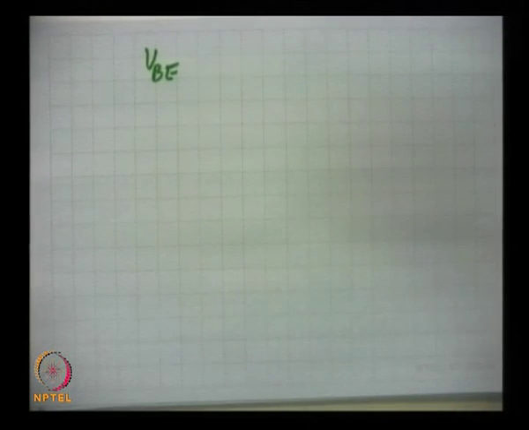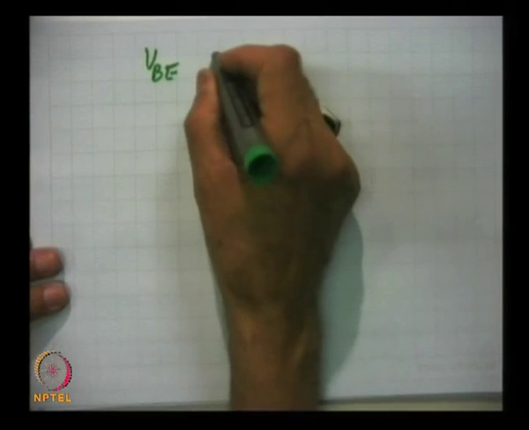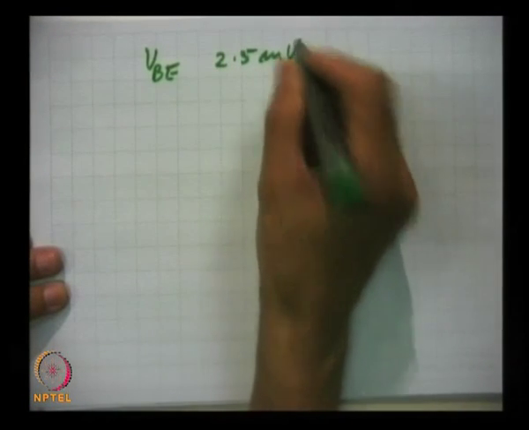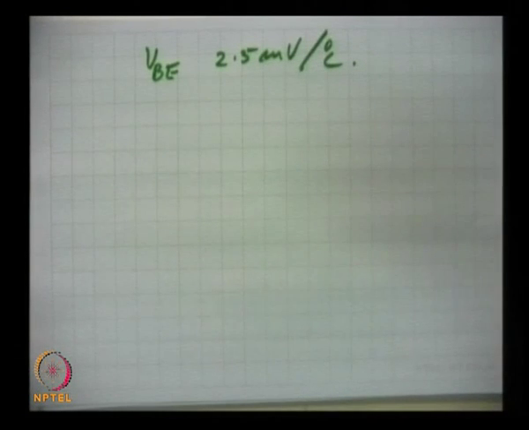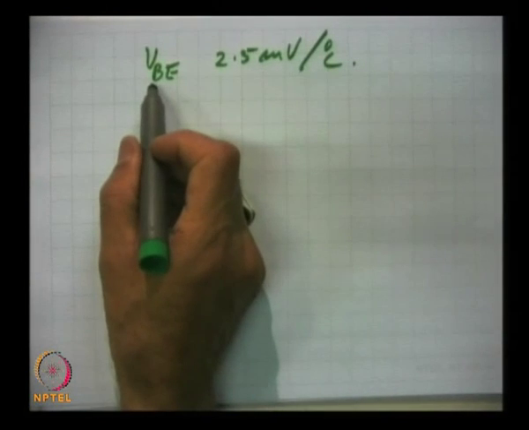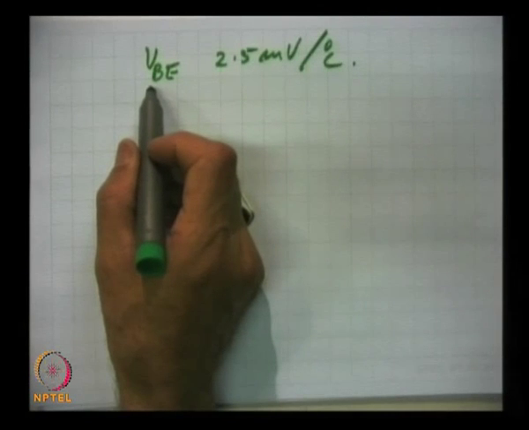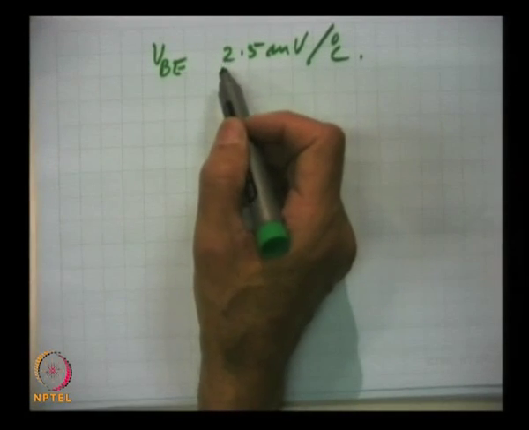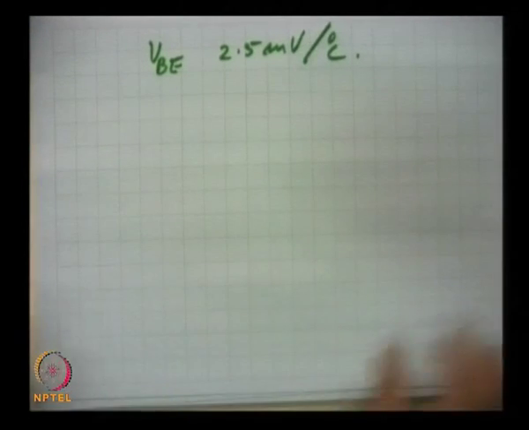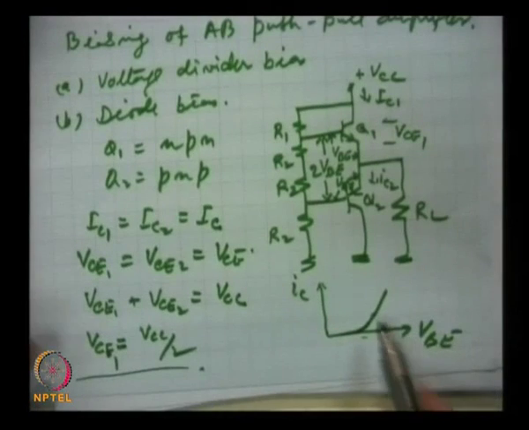It changes 2.5 millivolts per degree centigrade. So, this is for a silicon transistor, 700 millivolts. If the temperature rises by 20 degrees, then a 50 millivolt change will be there, and 50 millivolts will amount to a large variation in this current here.